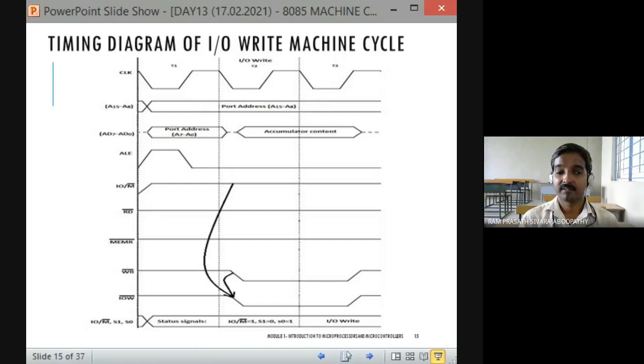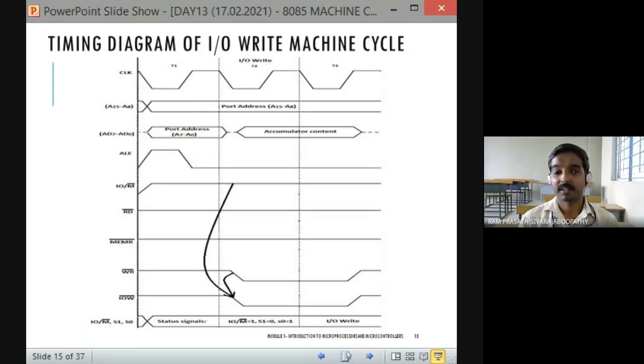One more point I want to tell you. At the end of an instruction cycle, in the last clock pulse of every instruction cycle, that is, the last T state, the processor checks for interrupt.